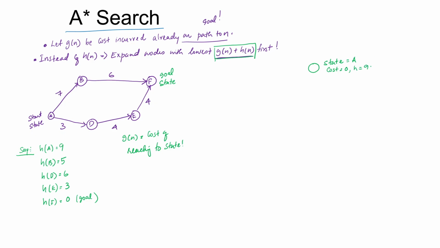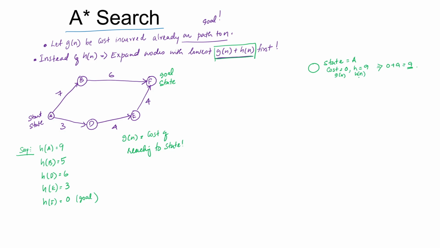So, the logic that we need to consider is 0 plus 9, that is equal to 9. So, that is what we will use, the G n plus H n. This is your G n, this is your H n.